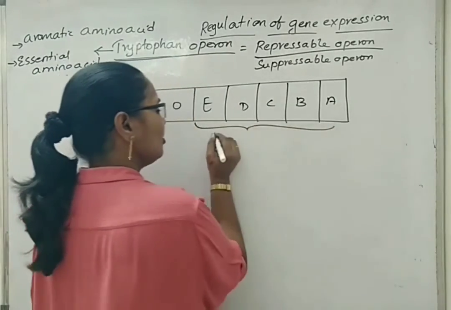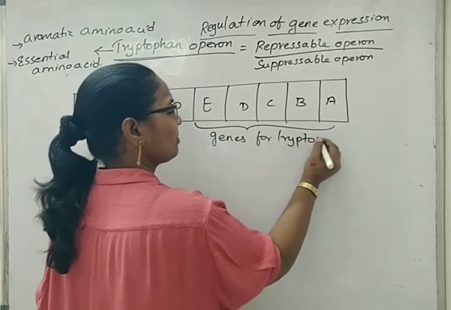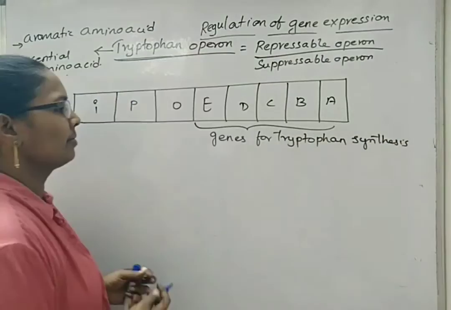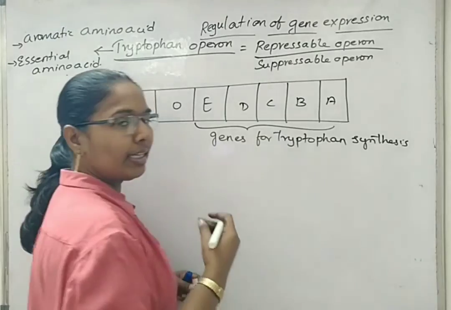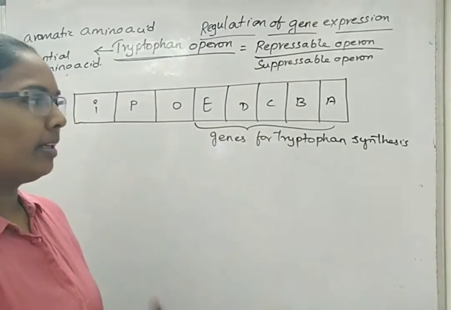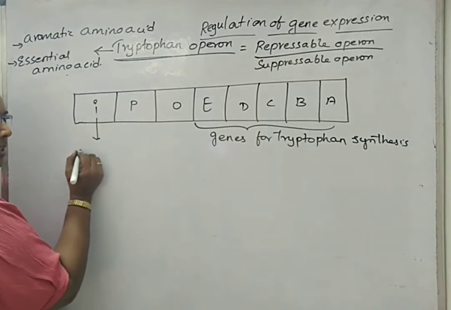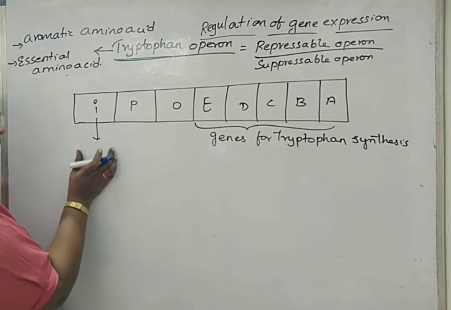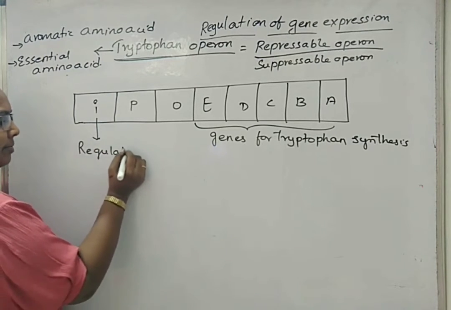So these are the structural genes for tryptophan synthesis. When this tryptophan is produced in more amount, or its synthesis is exceeded, then the operon will be stopped. Normally the regulator gene undergoes transcription and translation and produces regulatory proteins.